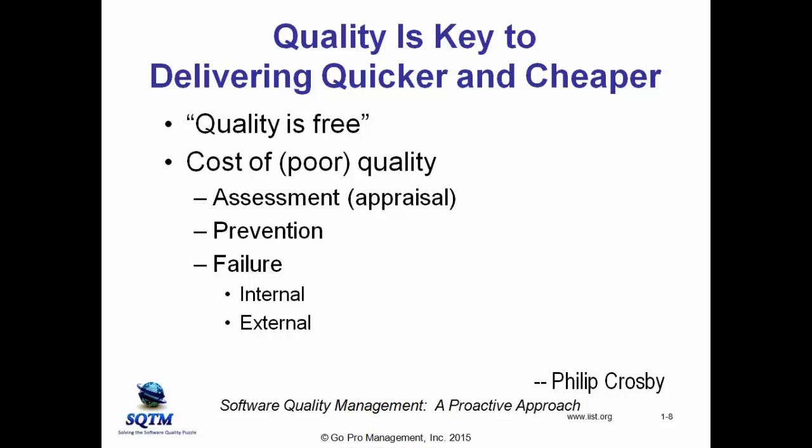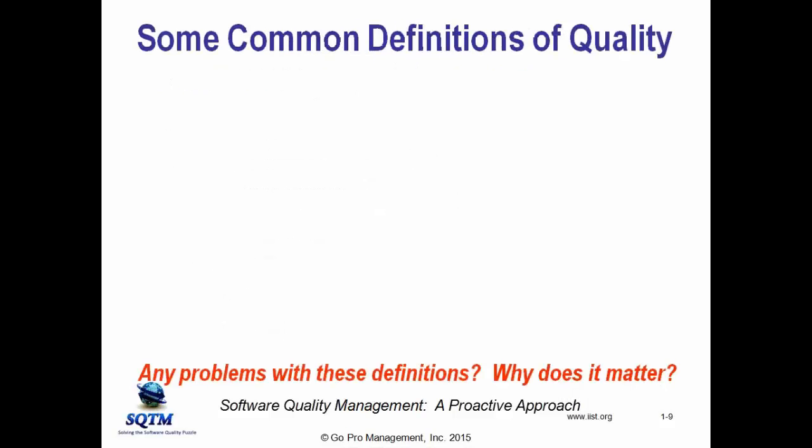Those are pretty significant. The software development folks tend to be more conscious of the internal costs, especially the ones that are incurred during the development process before we go into production. So we talked about system quality versus software quality, and we said the distinction is largely whether hardware is included or just software.